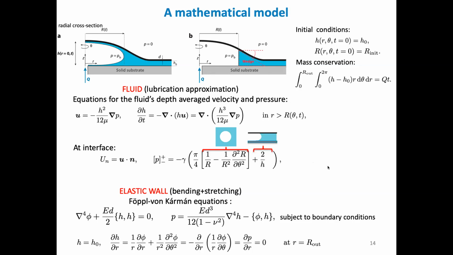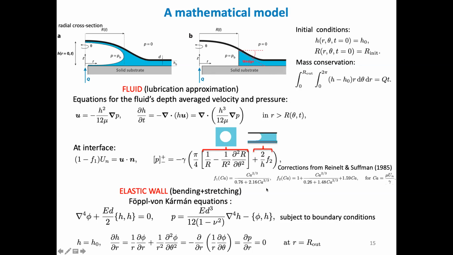So in order to account for that, we've introduced some ad hoc changes to our model, and we've basically corrected our interfacial boundary conditions to account for these films. There is no rational way of explaining this other than we've done it by fitting to the numerics that were published back in the 80s.